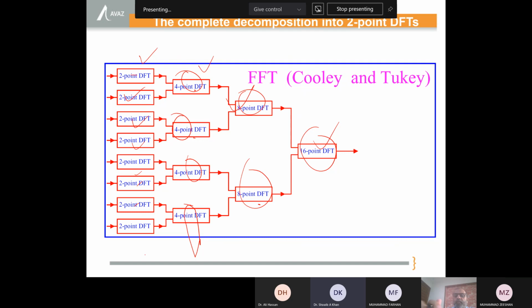So FFT works on powers of 2. And we have seen this: if your signal is not a power of 2, add enough zeros to make it a power of 2. Or MATLAB will do it by itself, so you need not worry. Preferably, if it is not a power of 2, MATLAB adds these many zeros and computes.